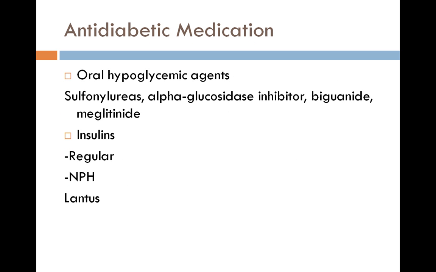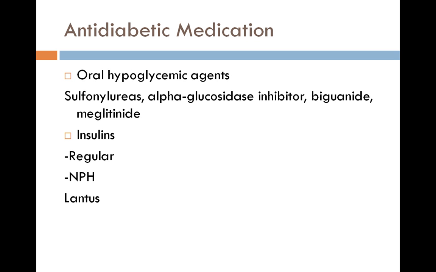And I put this slide here because I want you to go back and review your different anti-diabetic medications. We know that oral hypoglycemic medications can only be used for our type 2 diabetics because oral hypoglycemic medications are going to stimulate insulin in the body.